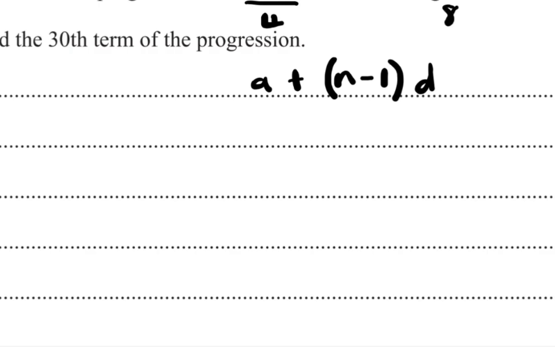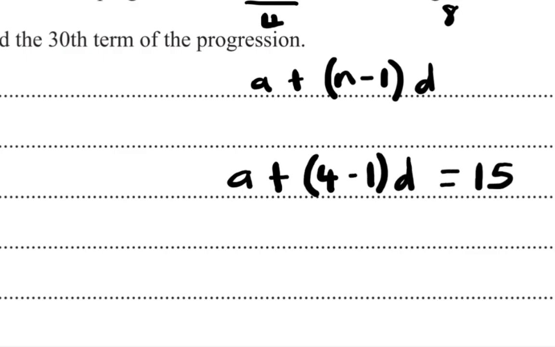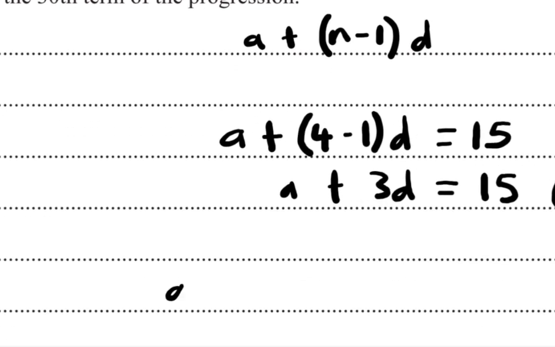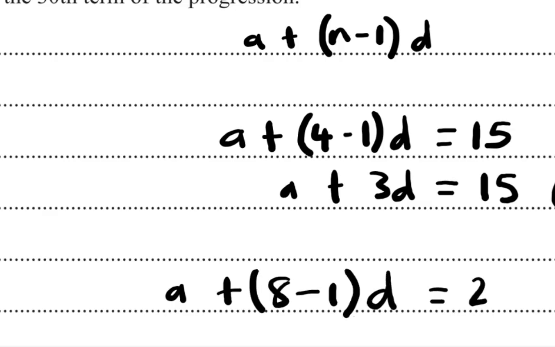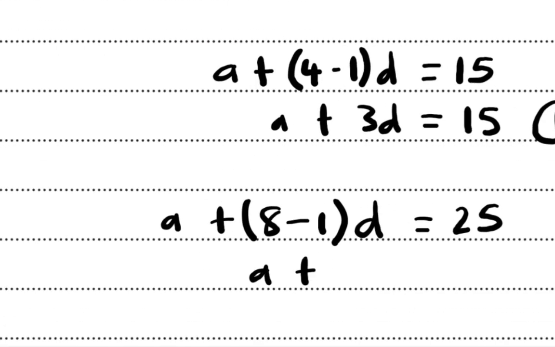Therefore, for the fourth term, we write a plus 4 minus 1 d, and we're told it's equal to 15. This comes down to a plus 3d being equal to 15. For the other one, we're told that the eighth term is 25, so we do the same: a plus 8 minus 1 d is equal to 25. So a plus 7d is 25.